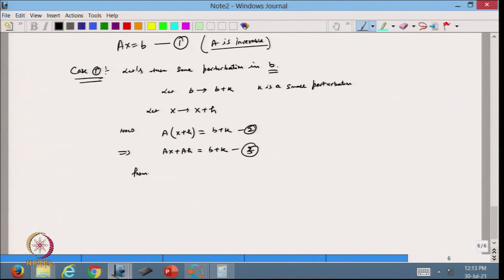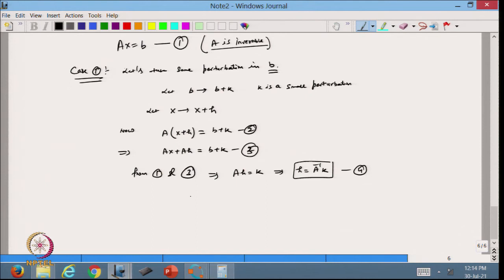So, from 1 and 3 I can write, because from 3 I subtract 1, then I will get Ah is equal to k, and from here I can write my h is A inverse k, because I am considering that this is invertible. So, let us take it 4.